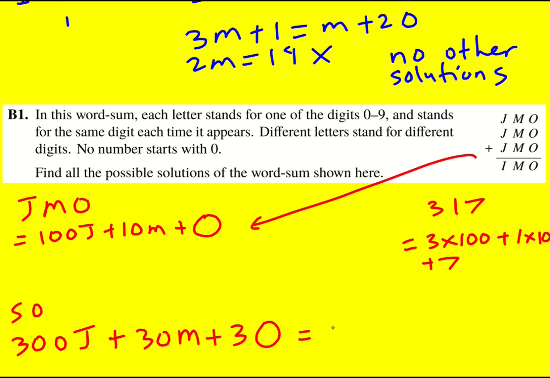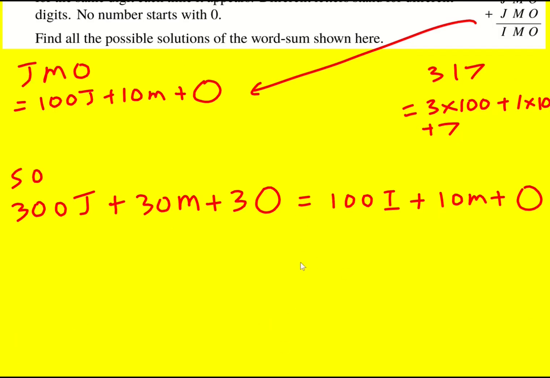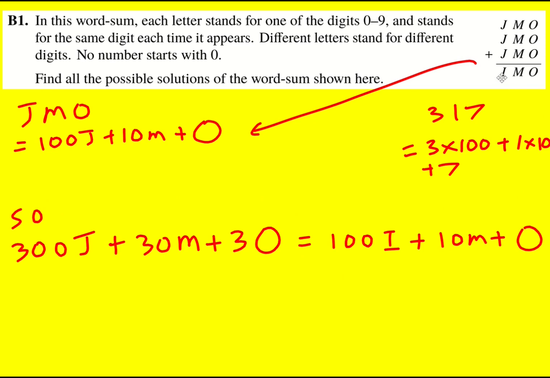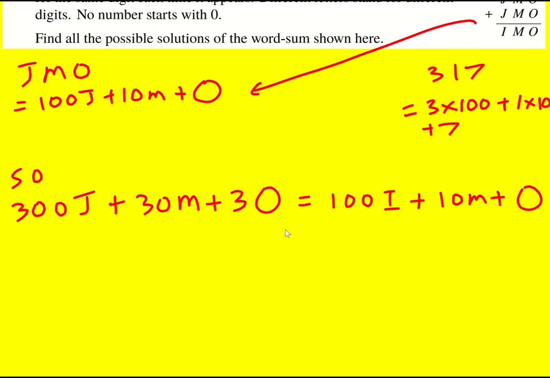And that is going to equal 100I plus 10M plus O. And this is a Diophantine equation. J, M, O and I have to be digits from 0 to 9. In fact, J and I can't be 0, but they have to be digits from 0 to 9. They have to be whole numbers. That's crucial.